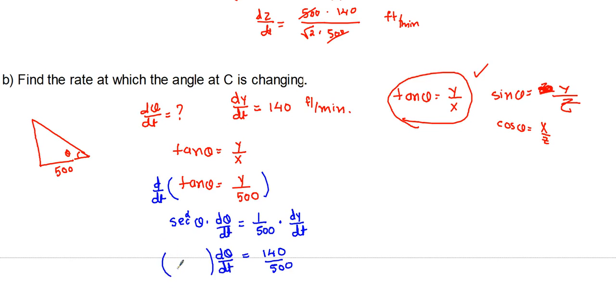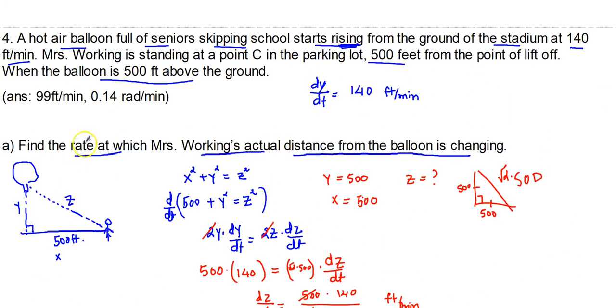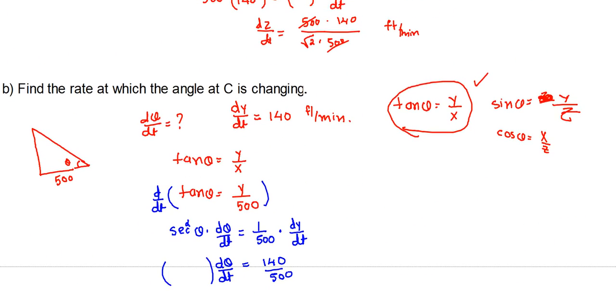So let's find this secant squared theta. Now back to the same triangle we are referring to. This is 500. We also have the information, if I scroll up, that when the balloon was 500 feet above the ground, y is also 500. That's the instant we are checking the angle theta when it's changing.